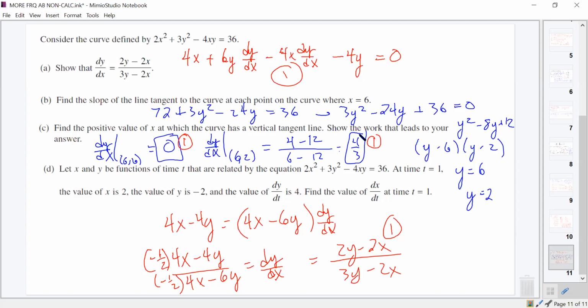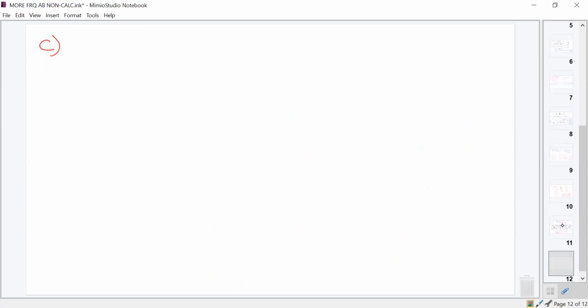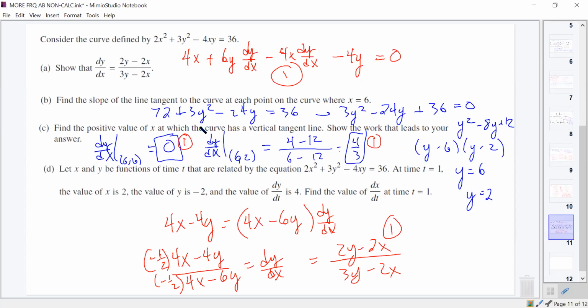Yep. All right, part C wants us to find the positive value of x at which the curve has a vertical tangent line.